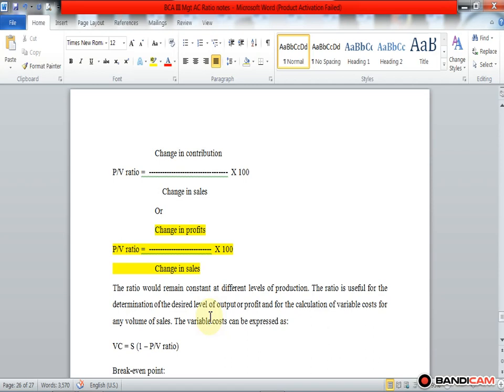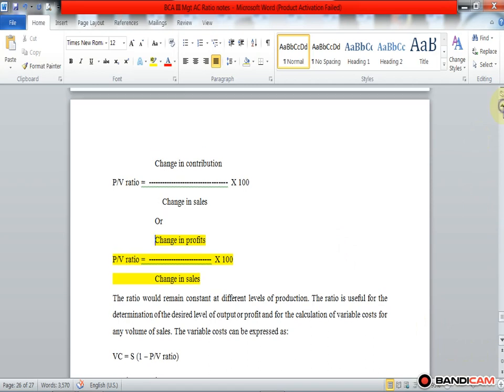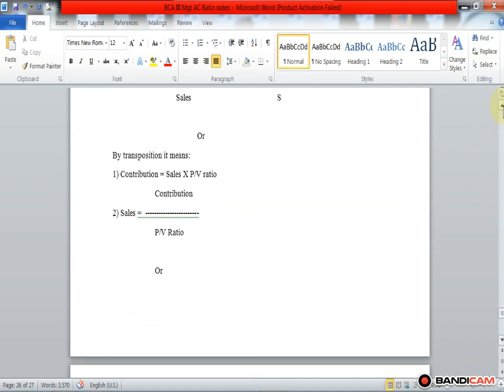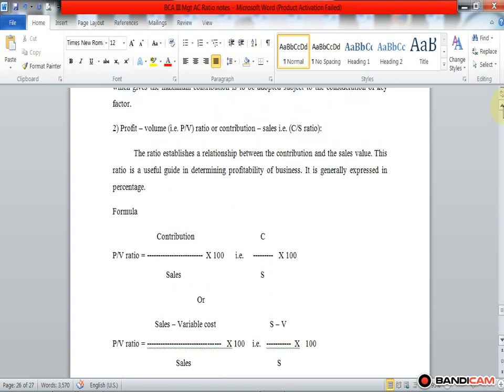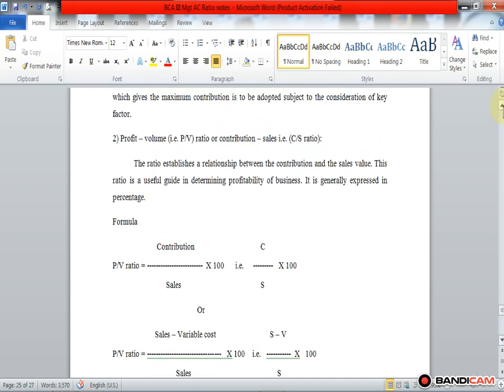With the help of these formulas we find the PV ratio, which establishes the relationship between contribution and sales value of the organization. It is a useful guide to determine the profitability position of the business, and it is always expressed in percentage.